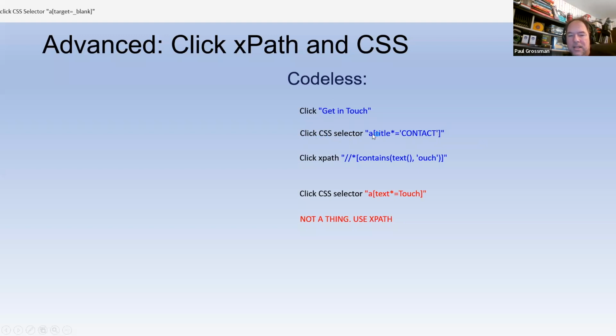I can do it as a CSS where I say there's a link, which is an anchor tag with a title that contains the word contact. One good point, whether you're a developer, an SDET, or looking at low-code tools: when you're writing a locator, I always recommend don't write an exact match locator. Don't say title equals contact.